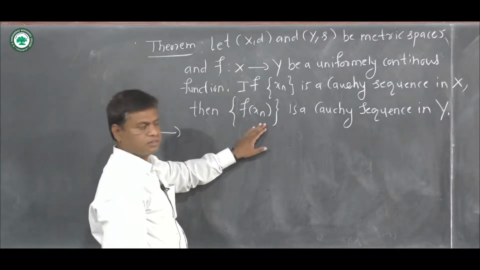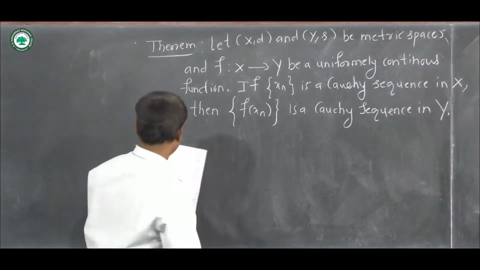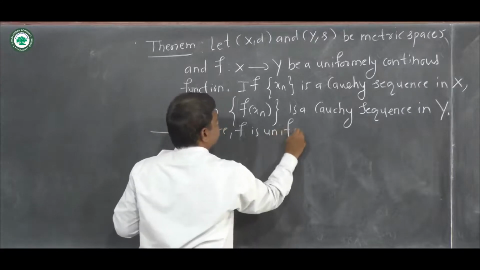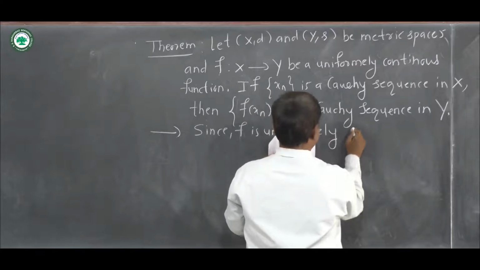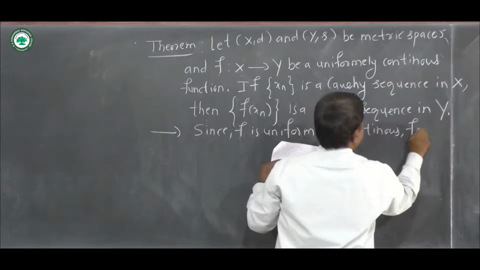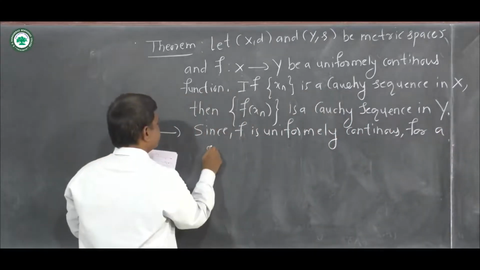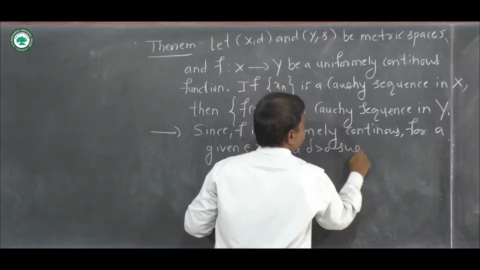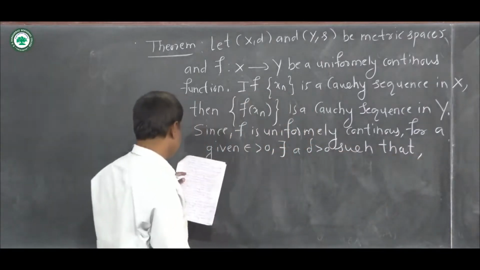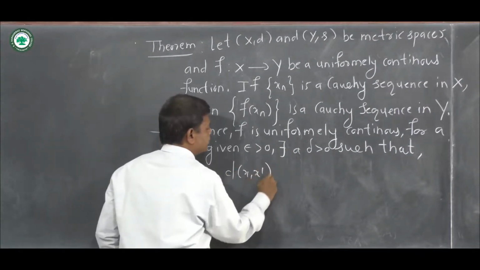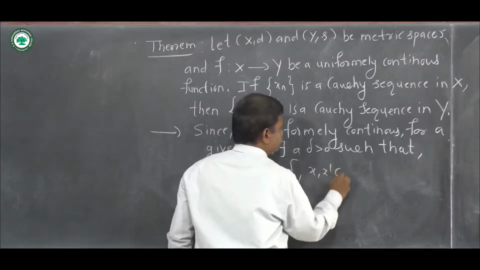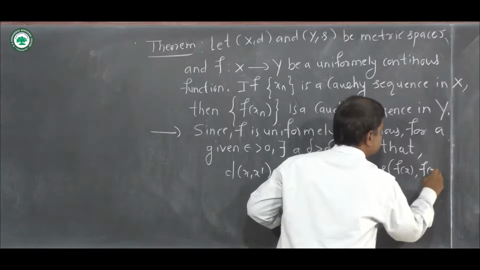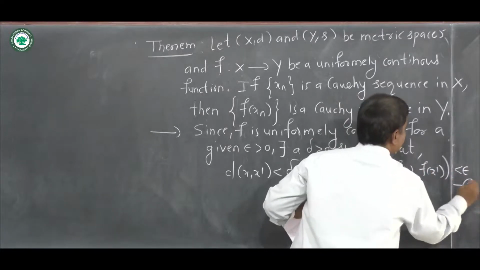We want to show that its image under f is a Cauchy sequence in Y. So we write: since f is uniformly continuous, for a given epsilon greater than 0, there exists a delta greater than 0 such that d of x, x dash is less than delta, where x and x dash belong to X. This implies that rho of f of x, f of x dash is less than epsilon. Call this 1.